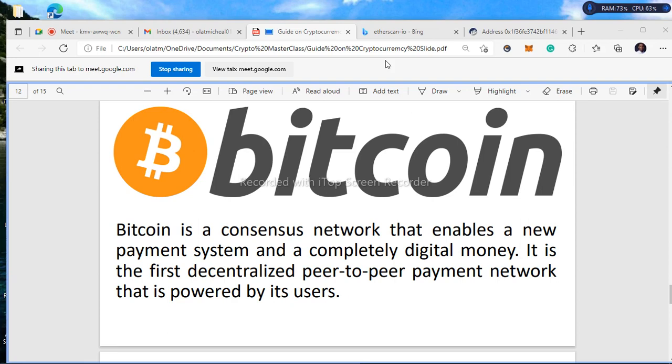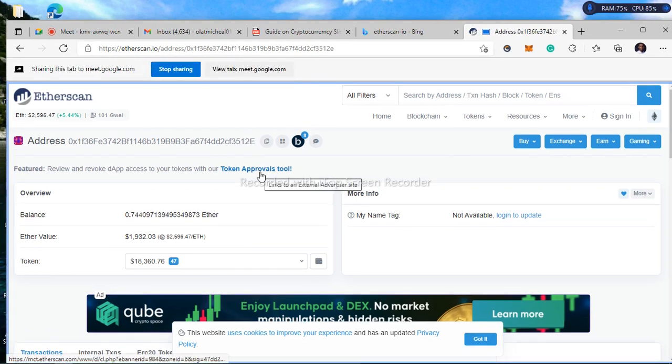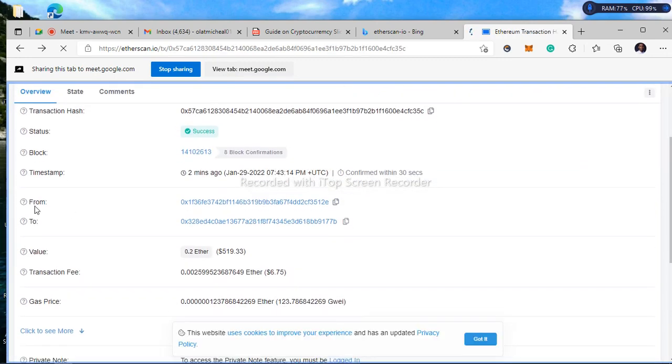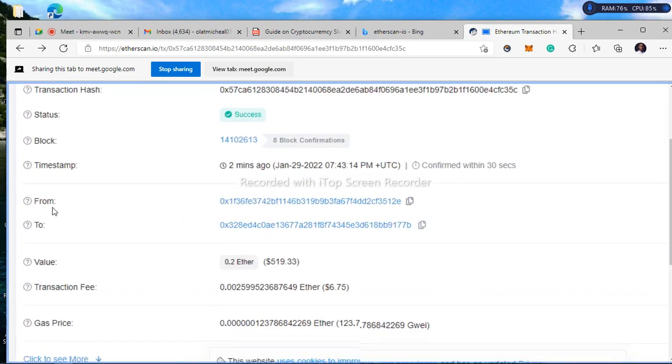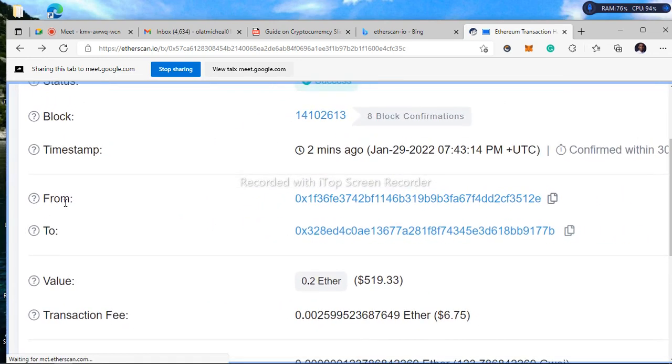Like the Ethereum transaction we viewed earlier on the blockchain, you can see from this person to this person. There's no third party, just from this wallet address to this wallet address.